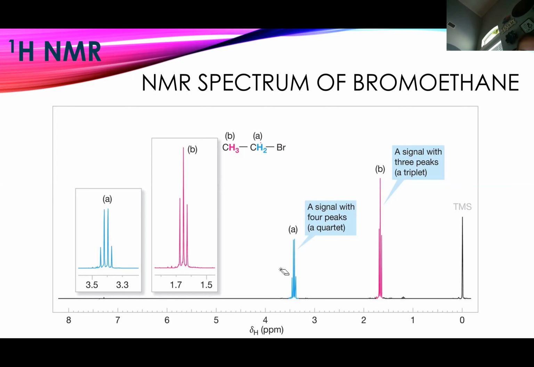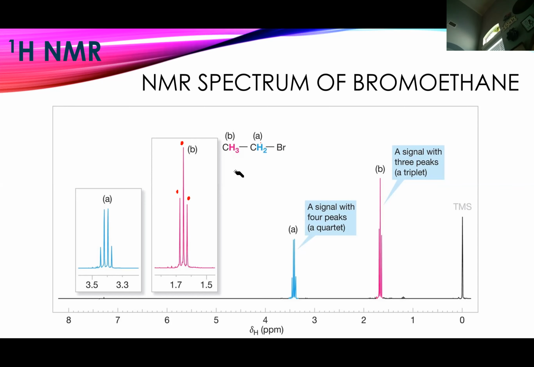The other information on here is the next topic, but I'm going to go ahead and kind of point it out to you now because this spectrum is so very clear. So what you might notice is that the protons marked B are split. This is not just like a single peak like this. It is split into 3 different peaks. Now, that's not because this is a CH3 group. It actually has nothing to do with the fact that this is a CH3 group.